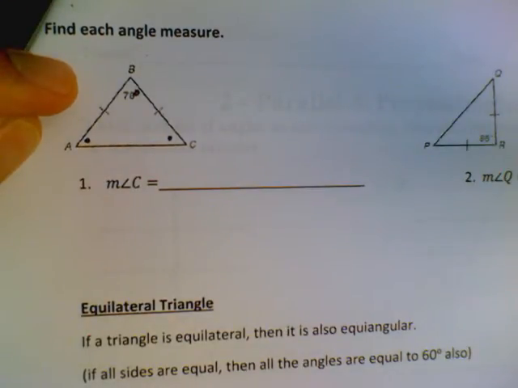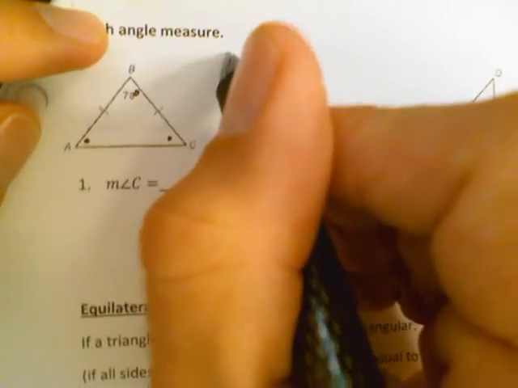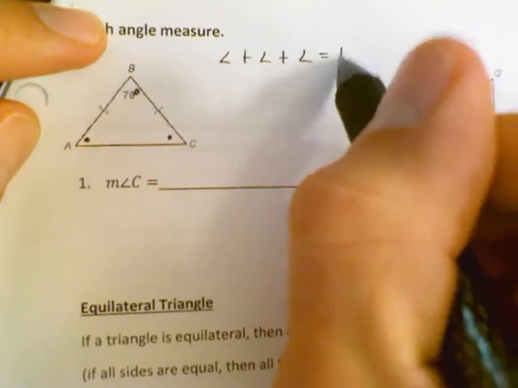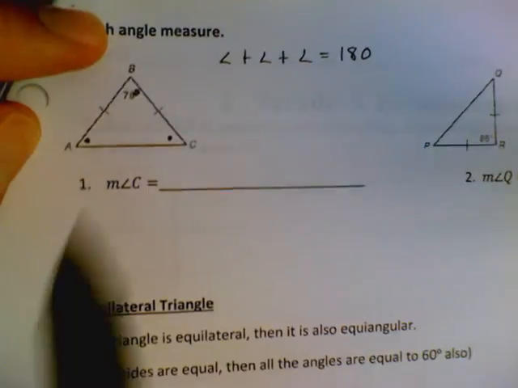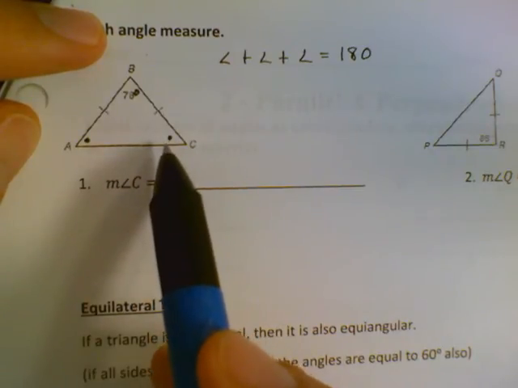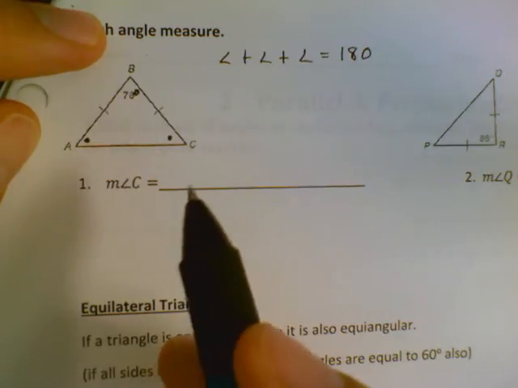Well, we know that by the triangle sum theorem that three angles add up to 180. And we know that angle A is the same as angle C. So if we're going to make a variable for this, what variable would you like to use?